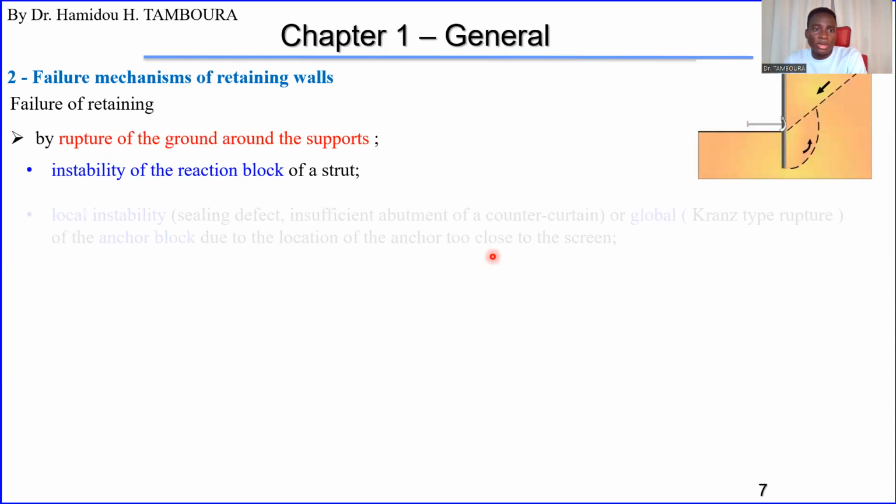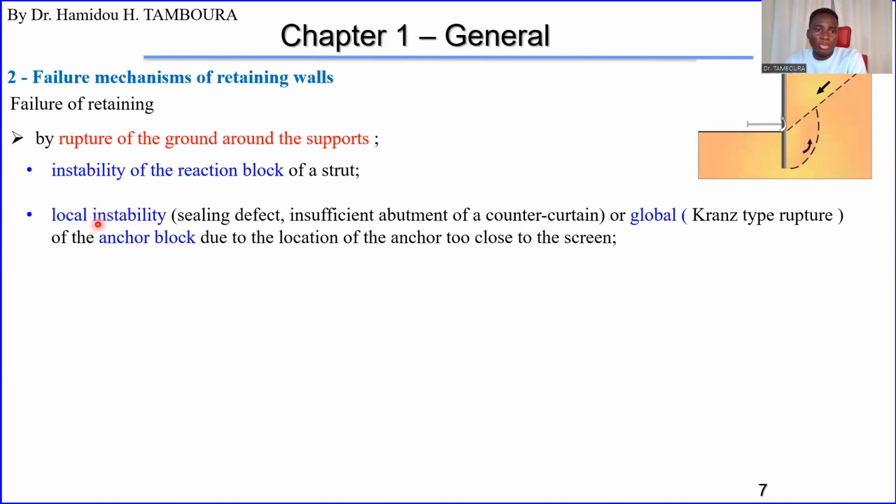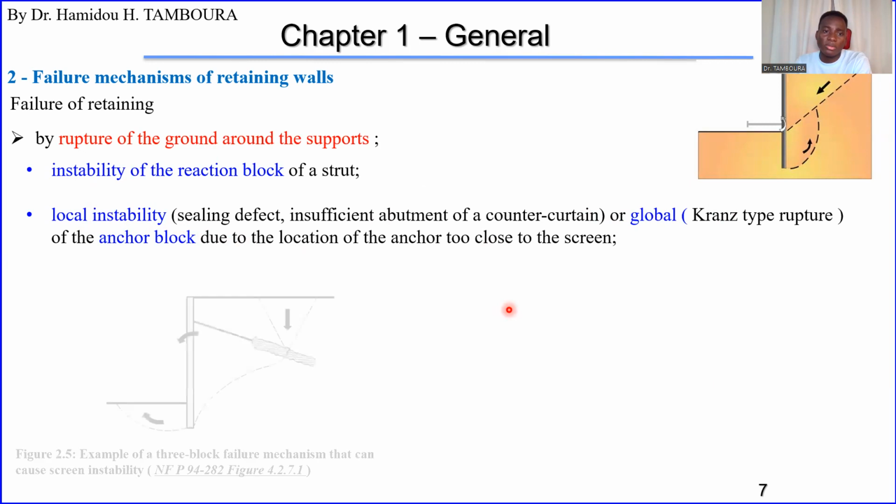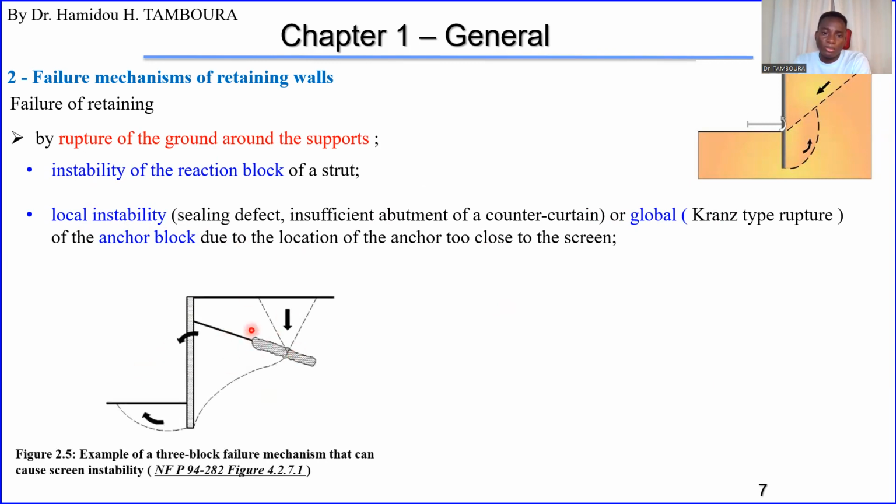Another case is local instability or global instability in the ground around the support itself. This is an example. We have an anchor here, and we have local instability here. This is going down, and it causes failure of three blocks: this block, and this block.